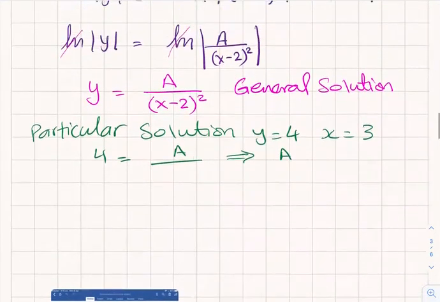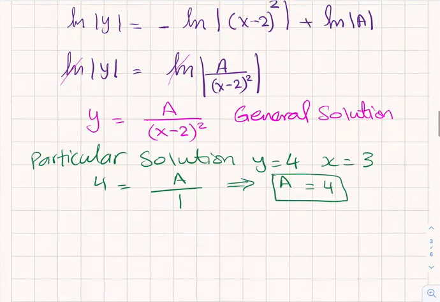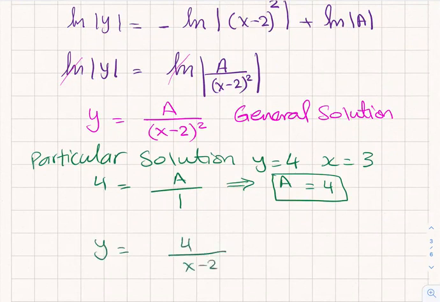So this is going to be 3 minus 2, which is 1, squared is 1, and therefore a will become equals 4. So this is a, and therefore you can write the particular solution as y equals 4 over x minus 2 squared. And that's it.